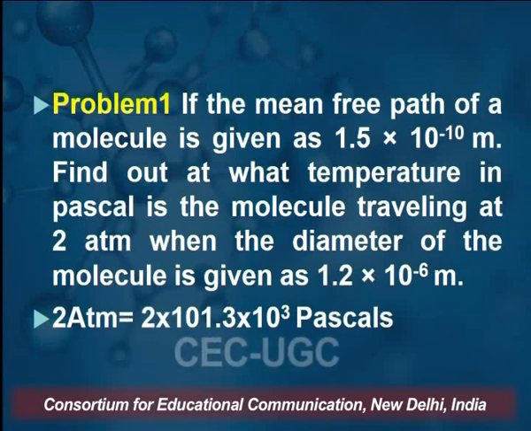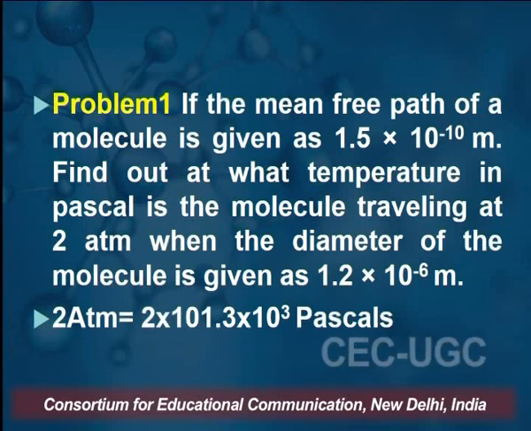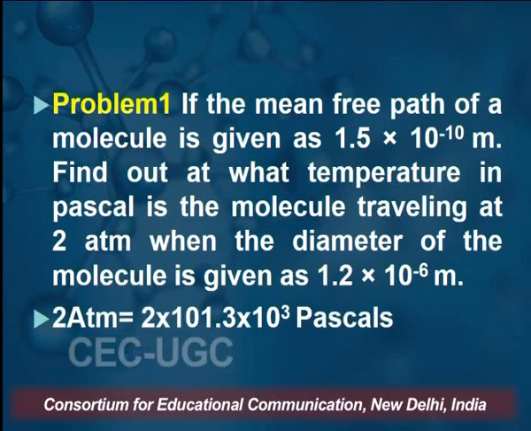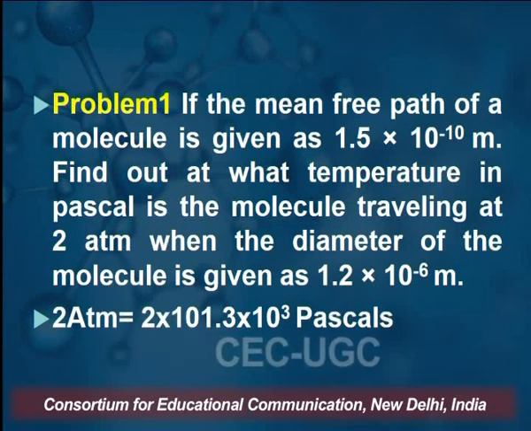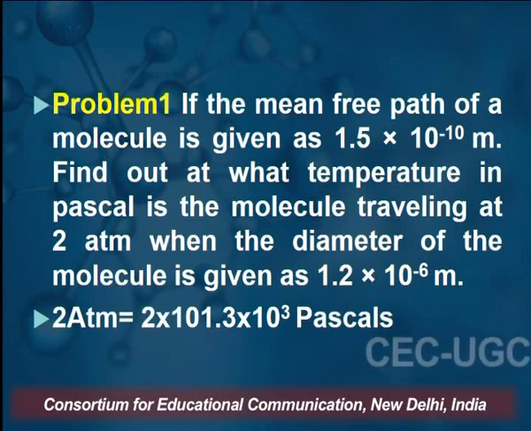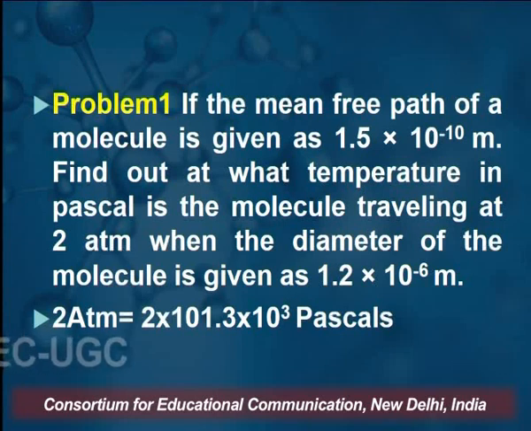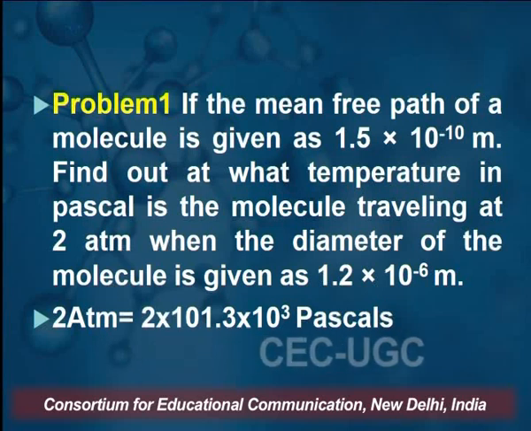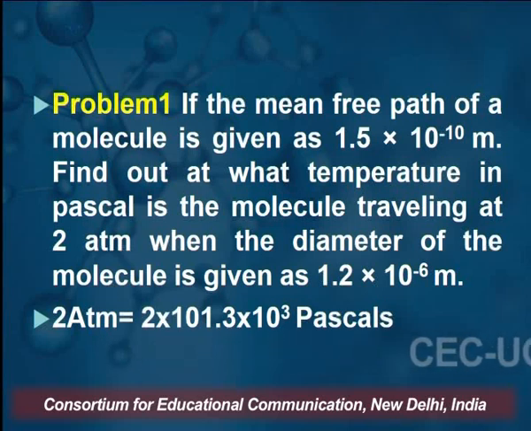So what is given in this problem? Lambda is given. What is lambda? Lambda is 1.5 into 10 to the power minus 10 meters. Pressure is given, 2 atmosphere. Diameter is given, 1.2 into 10 to the power minus 6 meter.